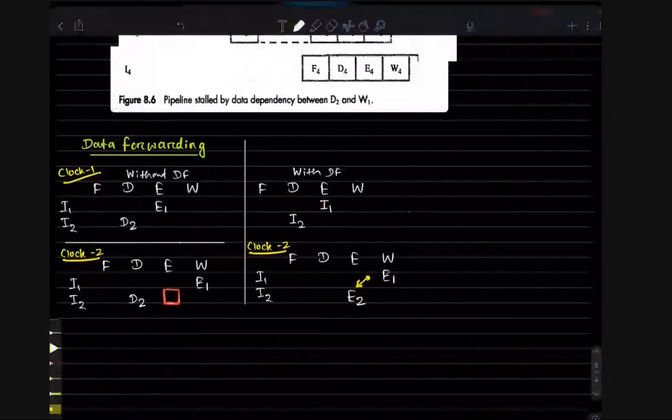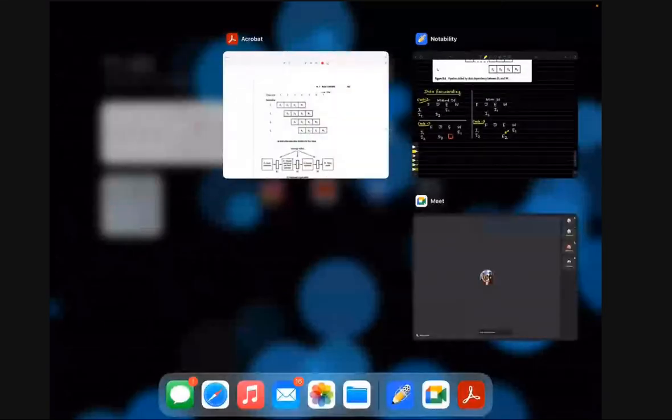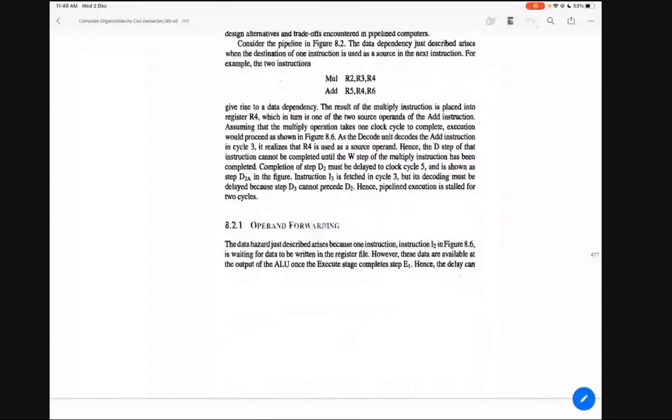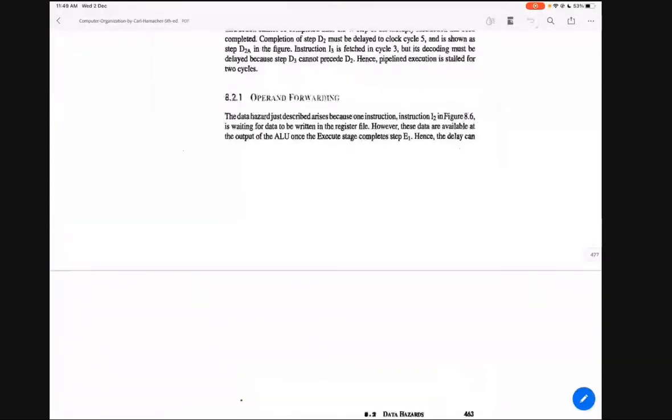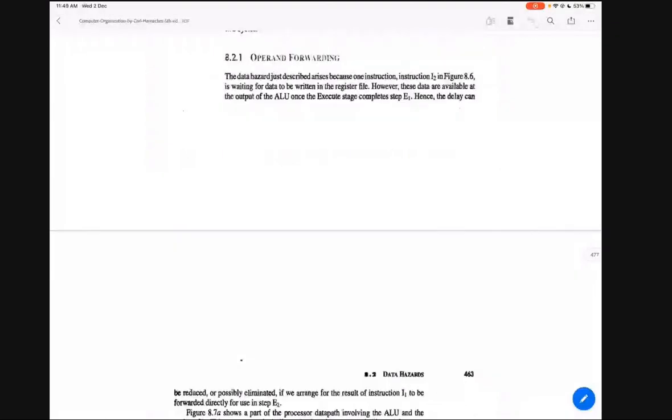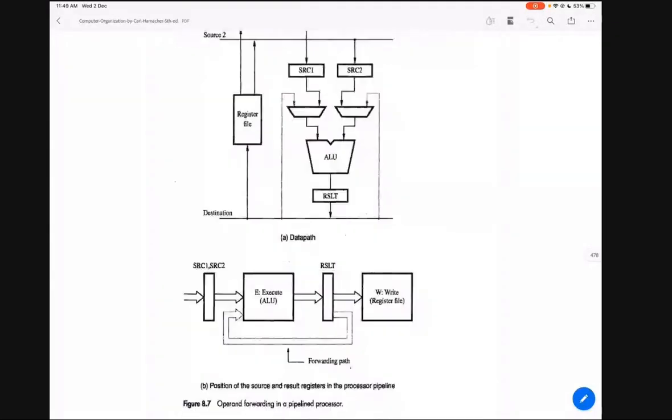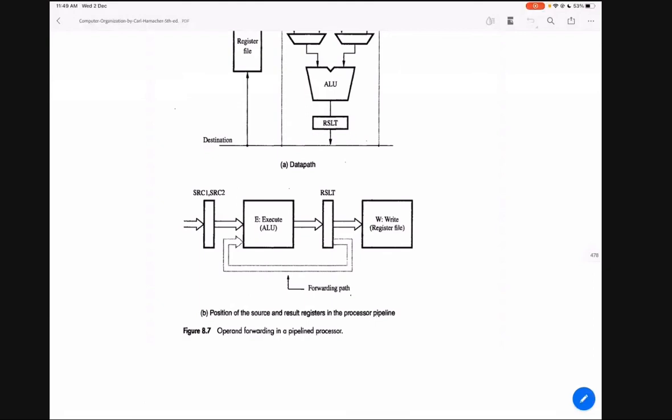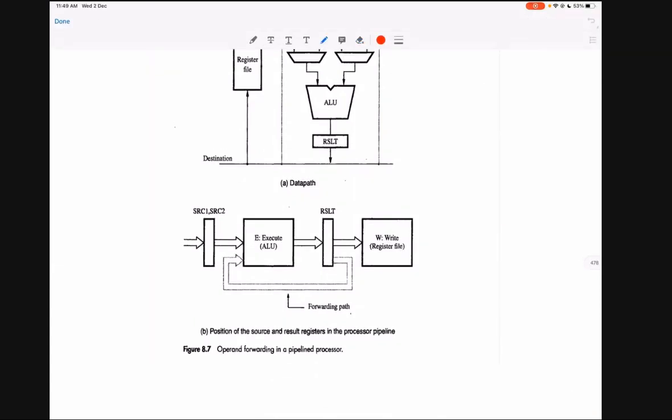Okay, so let me go to here. The technique is called operand forwarding or data forwarding, where you just forward the data for the next instruction. There has to be a circle like this. You can see this: after the execution unit, the buffer is connected back to the execution unit like a circle.